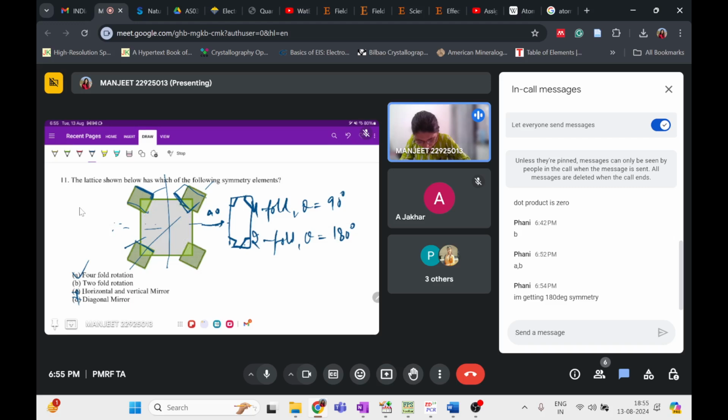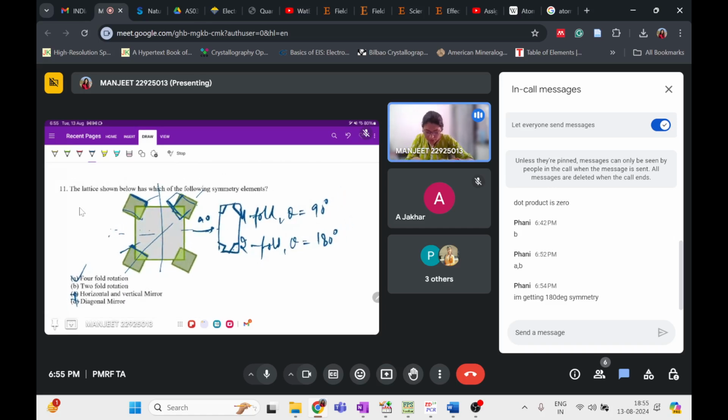If I rotate by 180, this atom will come to this direction, and this atom to this direction. If this atom comes to this direction, it becomes another type of atom, so not this one: this will be the bigger one and this will be the smaller one. So it will not be the same as the original one.